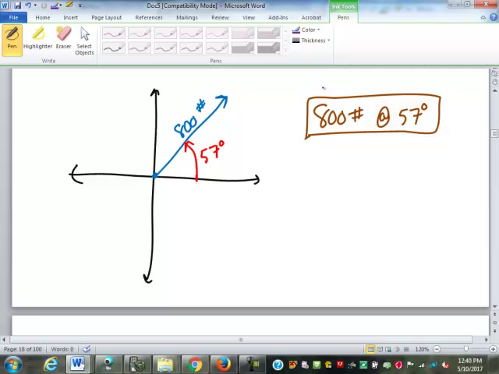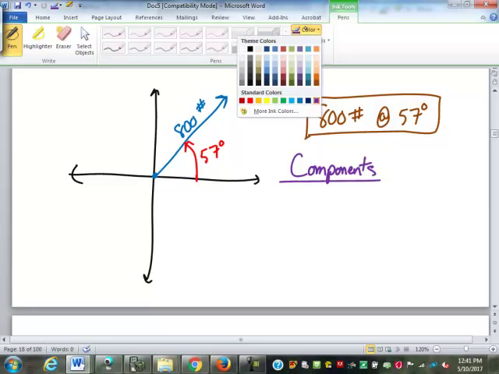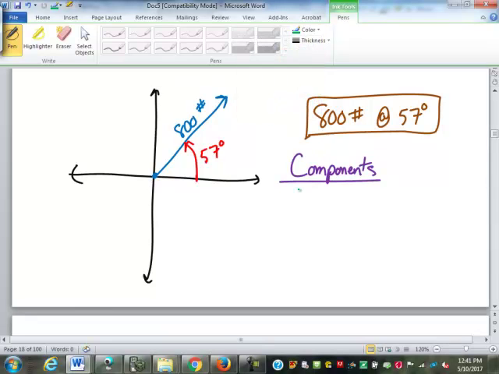Some qualities of these vectors are something called the components. Every vector has vertical and horizontal components. The horizontal component obviously goes horizontally.